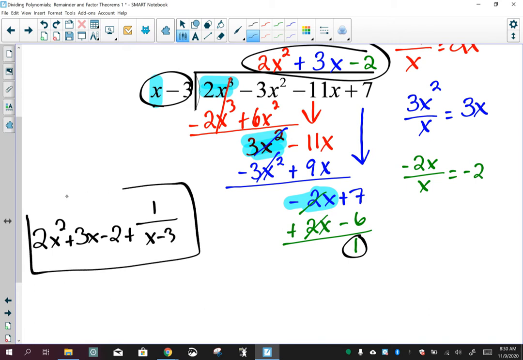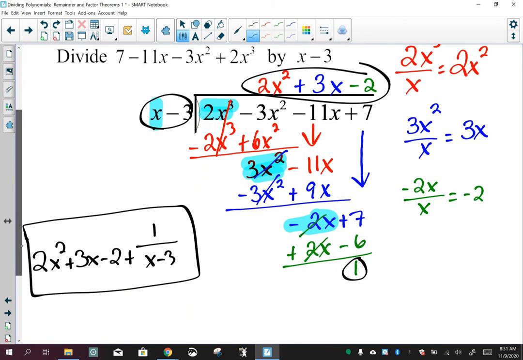And I am done. That is my answer. So when you're finished with everything, you take this top piece and you add it to this number divided by that divisor. And this is how you long divide a polynomial.